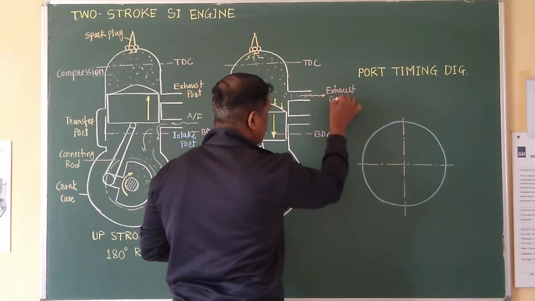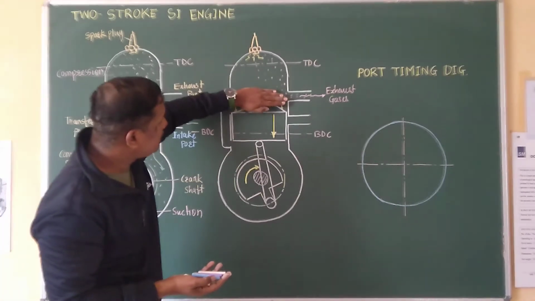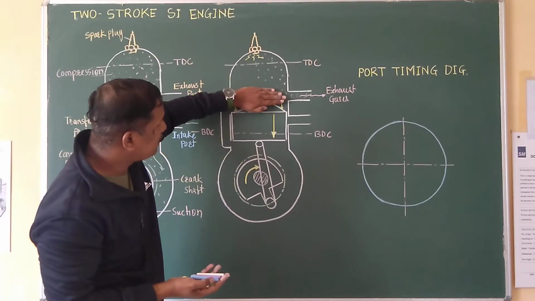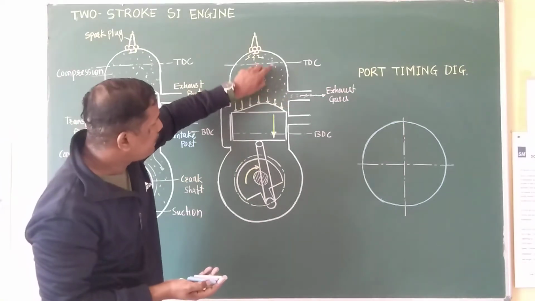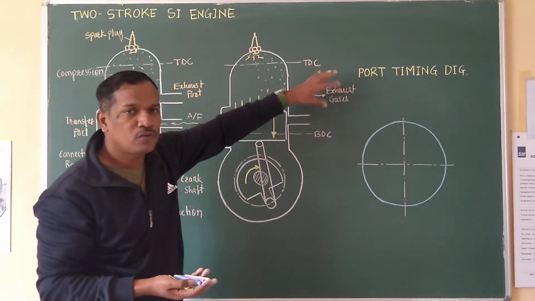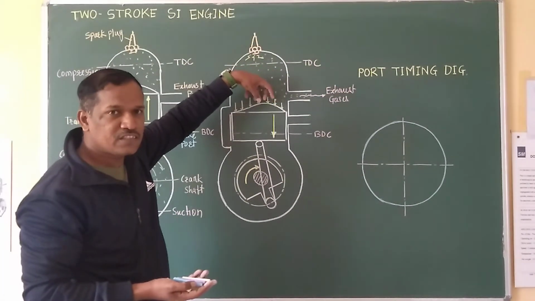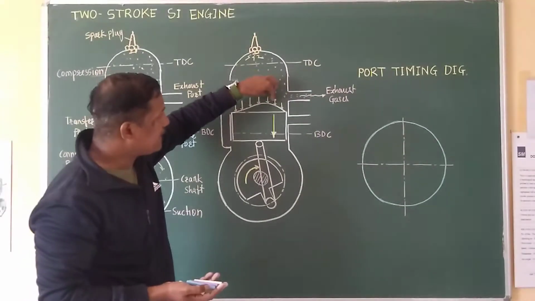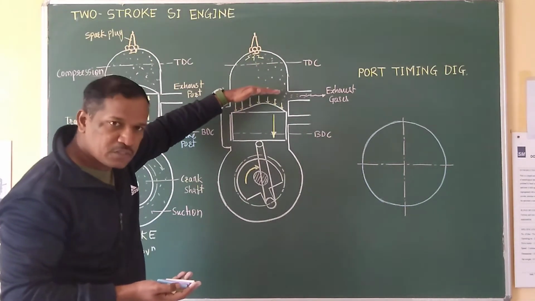It is moving towards BDC. Imagine this is the height of the piston. It closes our exhaust port. As soon as the piston reaches a position where the exhaust port gets open, even partially, high pressure gases try to escape.